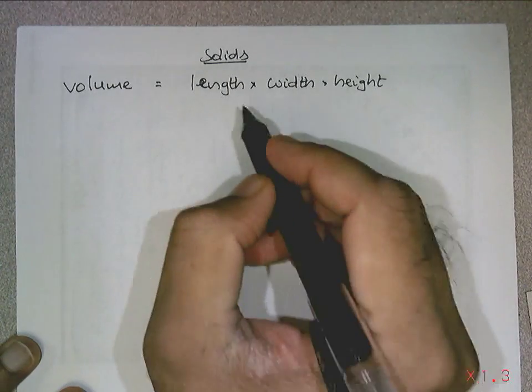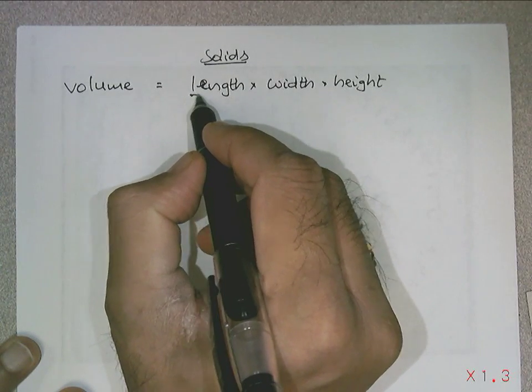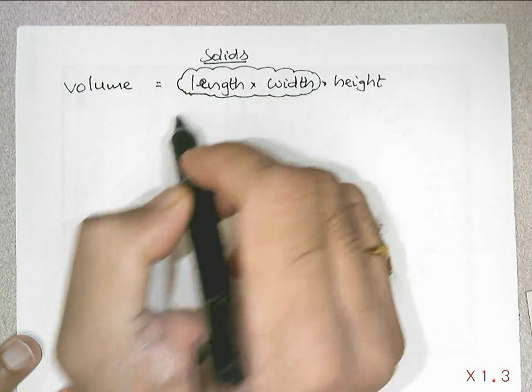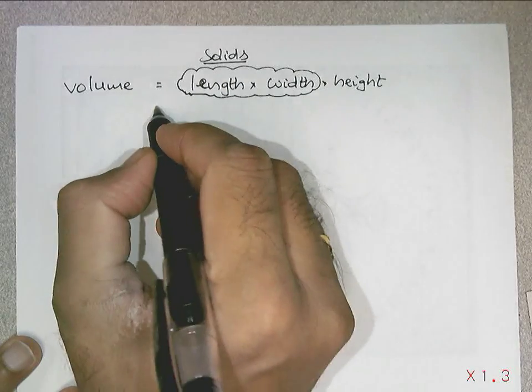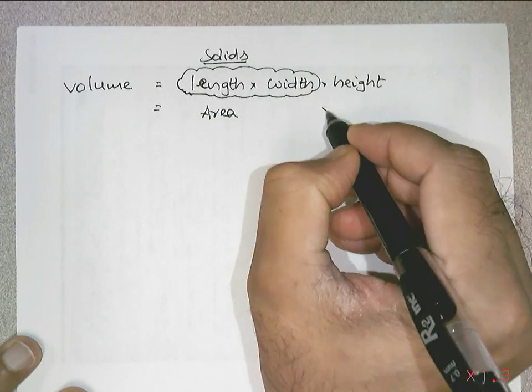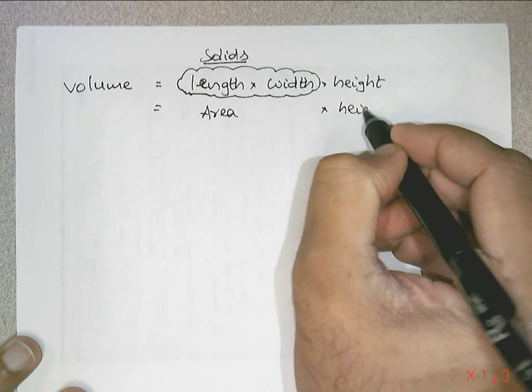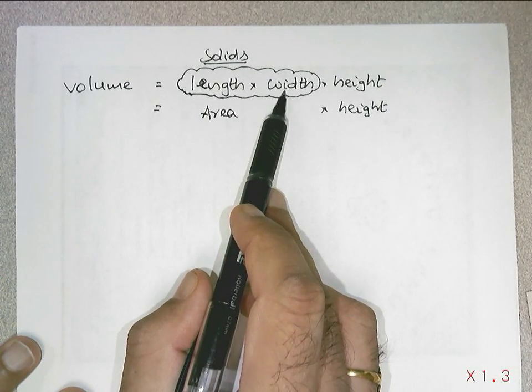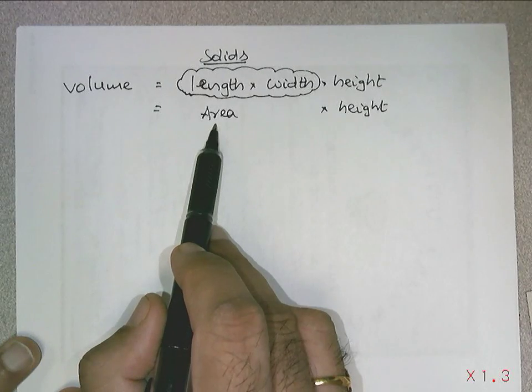If I am taking length times width, which gives you area, times height. Here length times width is equal to area.